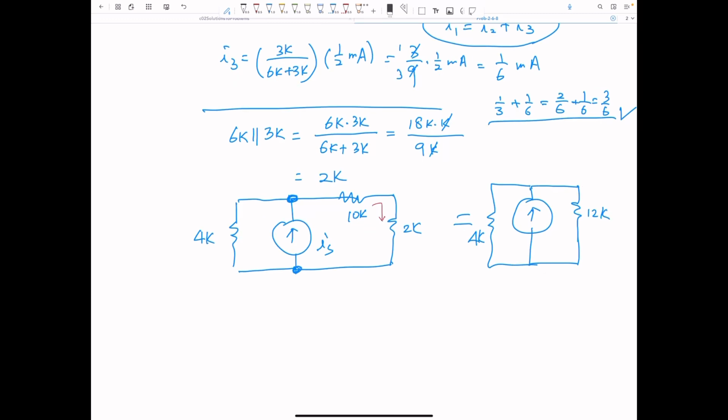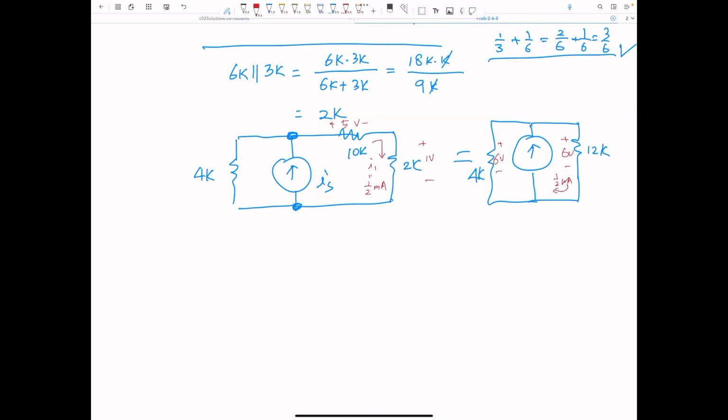So after we combine this, the current I1 is 1/2 milliamp going in that direction. And we know this is 1 volt and this is 5 volts. Therefore, there are 6 volts. That means we should have 6 volts here.